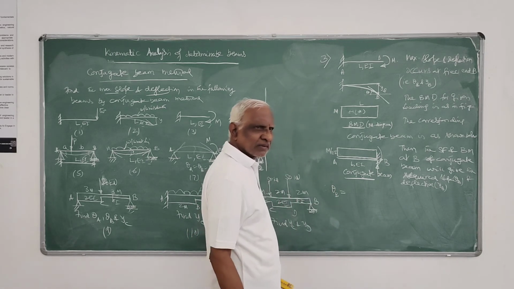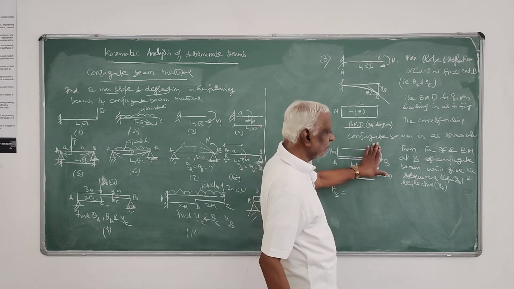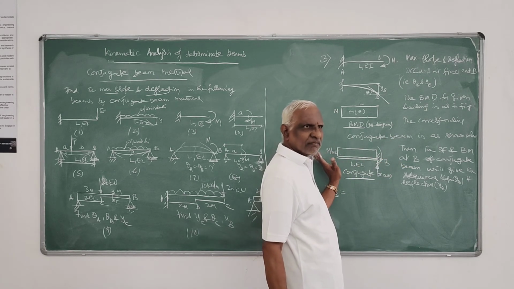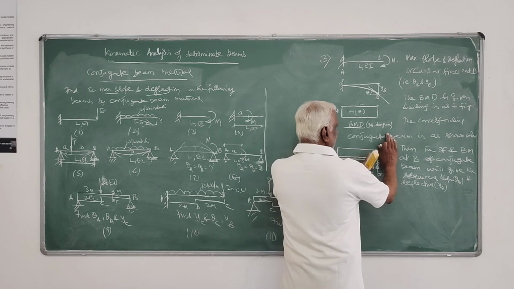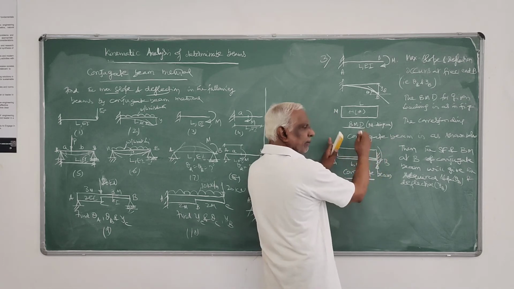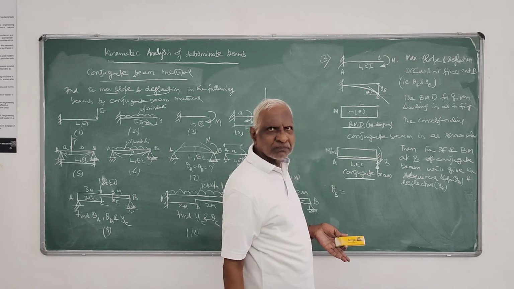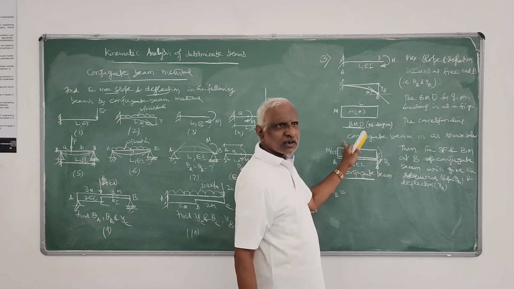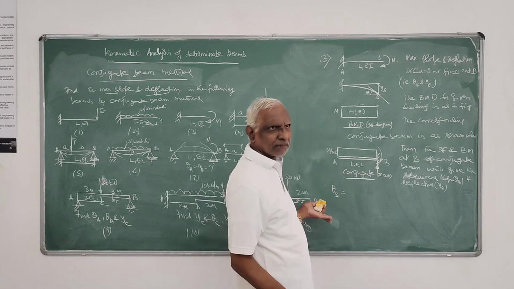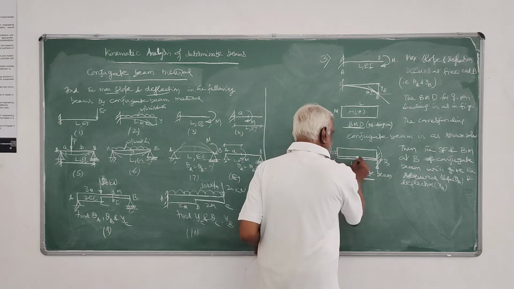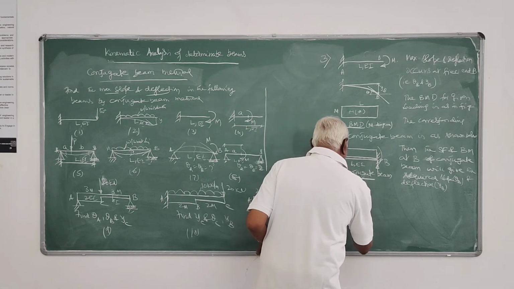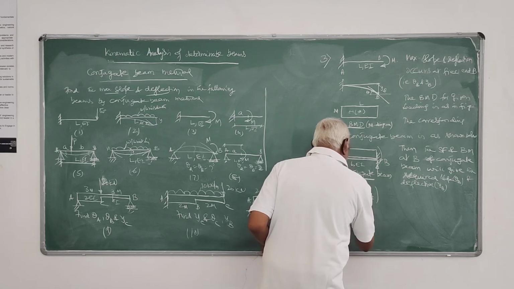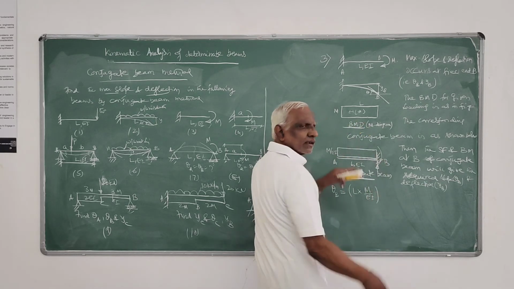How do you define shear force at any section? You take this section towards the left, left of B. So it is the algebraic sum of all the load. Algebraic sum of all load means it is the total load. Total load means the area of this figure. This is a rectangle, that is L into M by EI.